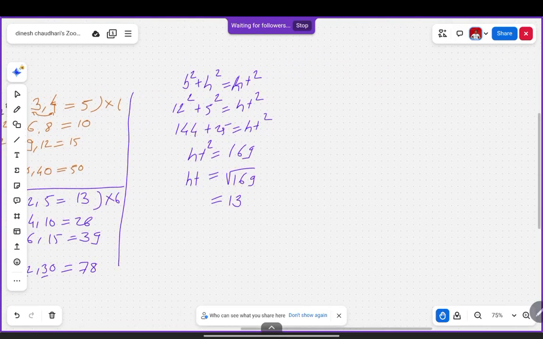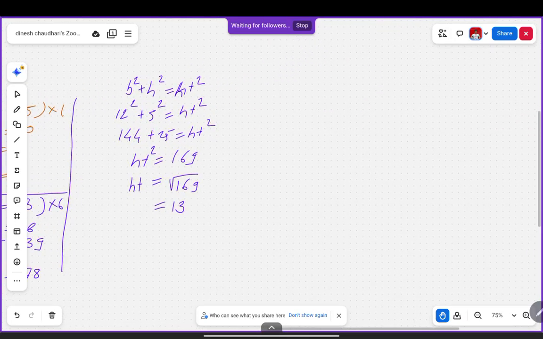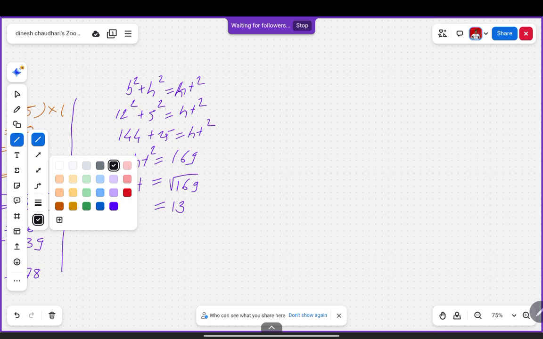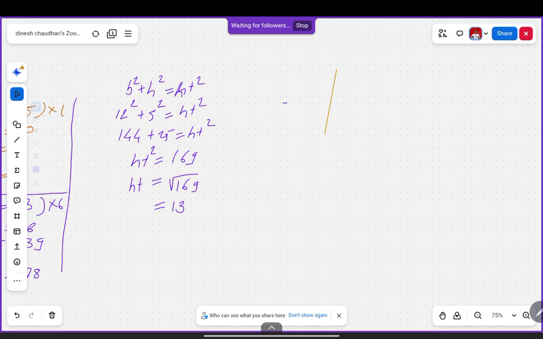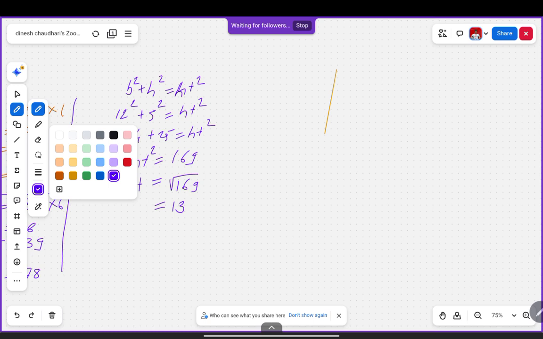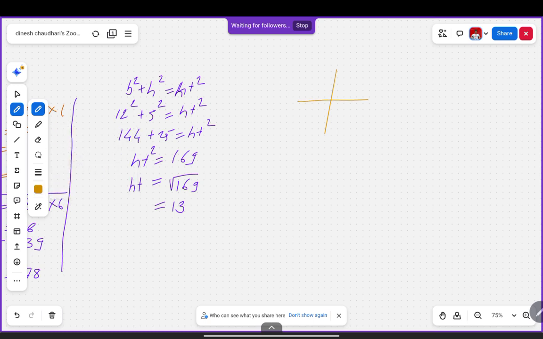A very common use case of this is, suppose there are two cyclists traveling in north and east directions, and after a given time, what will be the distance between them is a common competitive exam question. Suppose these are our directions: if this is north, this is south, then this will be west, this is east.